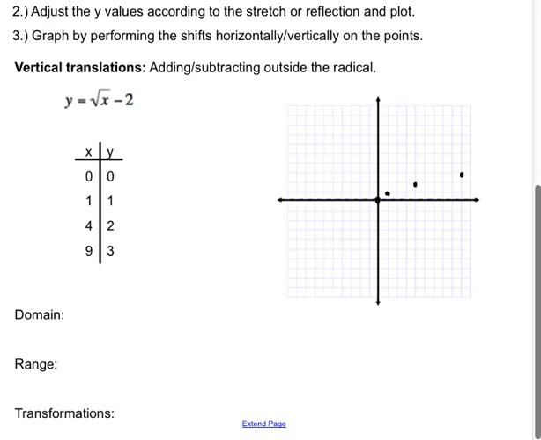And now, what are we going to do? Well, we're taking it 2 down. That's what our translation is telling us to do. So we take every one of those points that we just plotted and we move it 2 down, right? So this one moves 2 down, this one moves 2 down, this one moves 2 down, and this one moves 2 down.